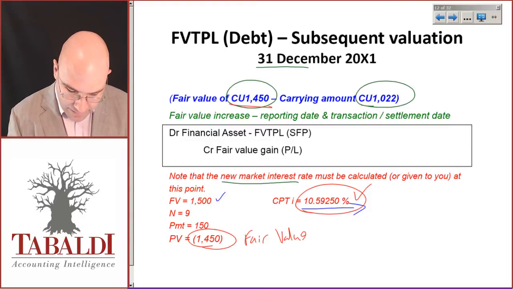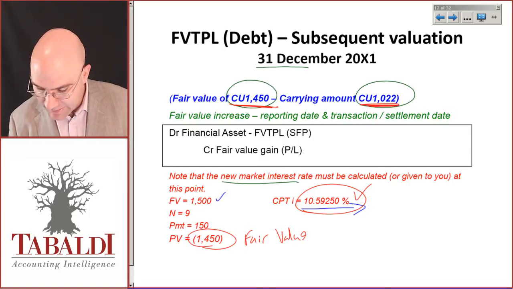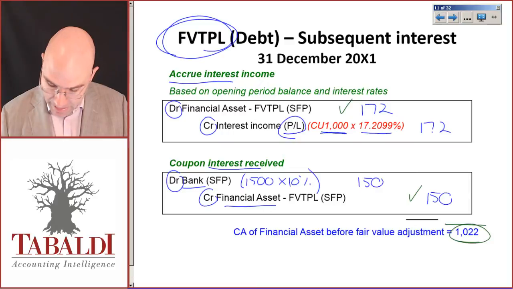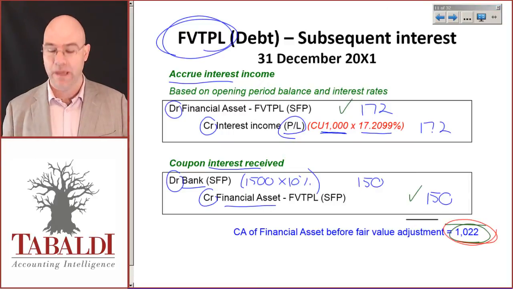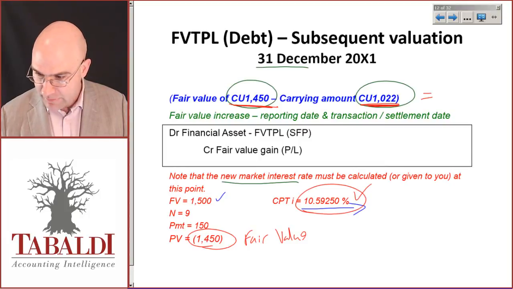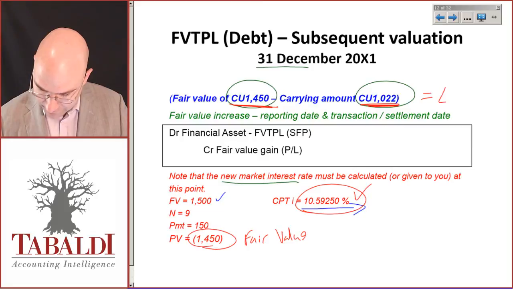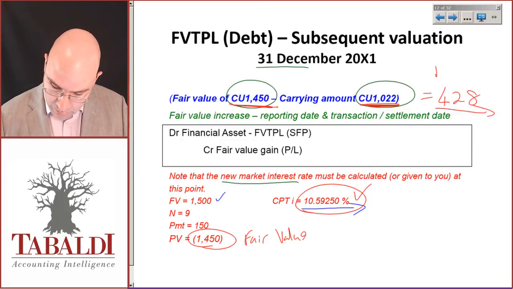I take that fair value of 1,450 at reporting date, subtract the carrying amount that was put in place after the interest and the coupon payments, and I have a difference of how much? I have a difference of 428, sorry. So I have a 428 fair value gain.